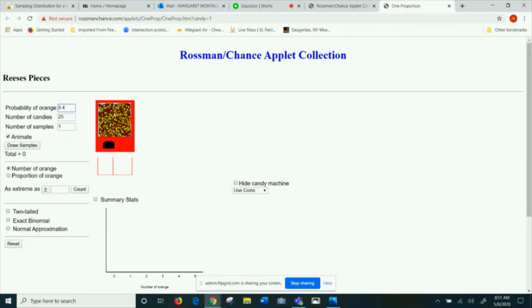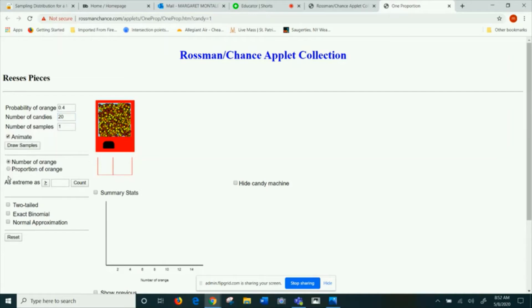The number of candies drawn is going to be a sample of 20, to match the 20 beans that I would be drawing from the bag of beans. And the result I want is the proportion of orange, so I'm changing this to proportion of orange.